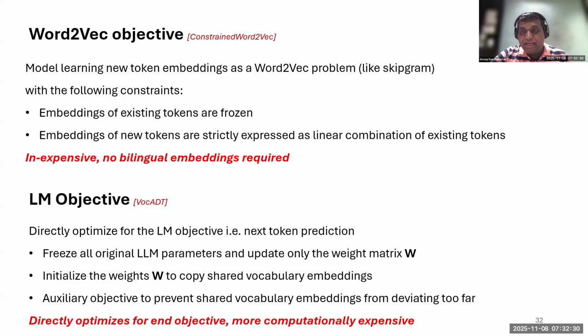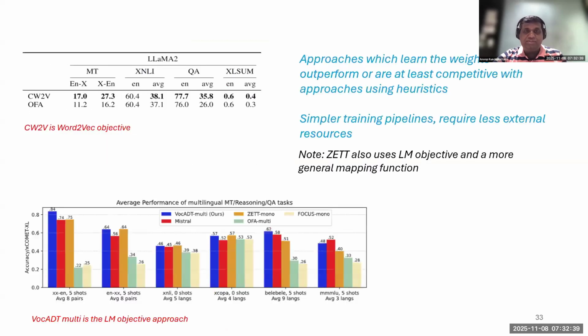This can directly optimize for the task of interest, but it's more computationally expensive, and there are a few tricks to get that working. We can see that these approaches which actually learn the weights outperform or at least are competitive with the heuristic based approaches, and they have simpler training pipelines and don't require other resources like word embeddings and bilingual dictionaries.